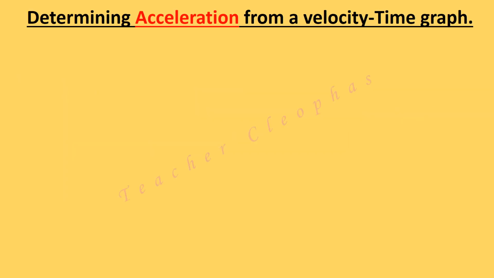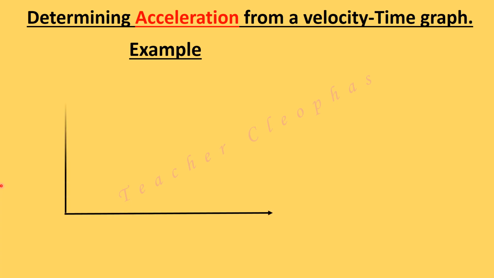The next area of our discussion is to determine acceleration from a velocity time graph. We're going to base our discussion on an example, and we're going to draw first the graph, then show the labeling on the axes, that is time and velocity, on the x-axis and y-axis respectively.